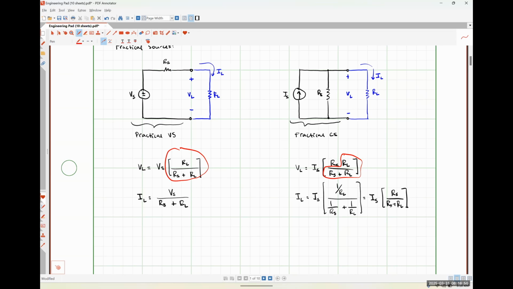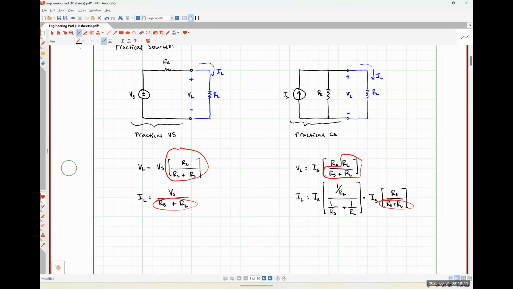Let's check what's going on in the current, right? So down here, I have a denominator of RS plus RL, and I have a denominator of RS plus RL. So the numerators need to be equal to each other. And once again, we have VS would be equal to IS times RS.